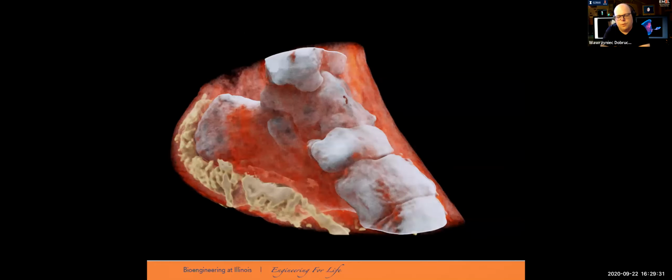So these are examples of the images. This is a part of a human leg acquired with this technology. It allows very high resolution, but also very good determination of what the soft tissue is. I can tell you that with a regular CT it would not be possible to differentiate.